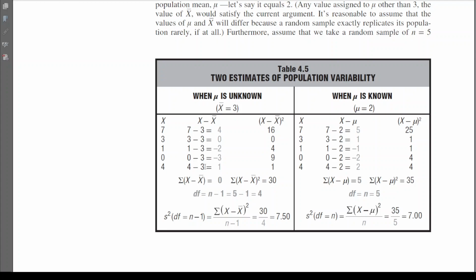Although it might seem that there is no problem with estimating variability like this, one point to note here is that the sum of all the deviations around the mean is always 0. So instead of these 5 variability scores, if we are given only 4, that is 4, 0, negative 2, and negative 3, which sum to 4 minus 2 is 2, 2 minus 3 is negative 1.